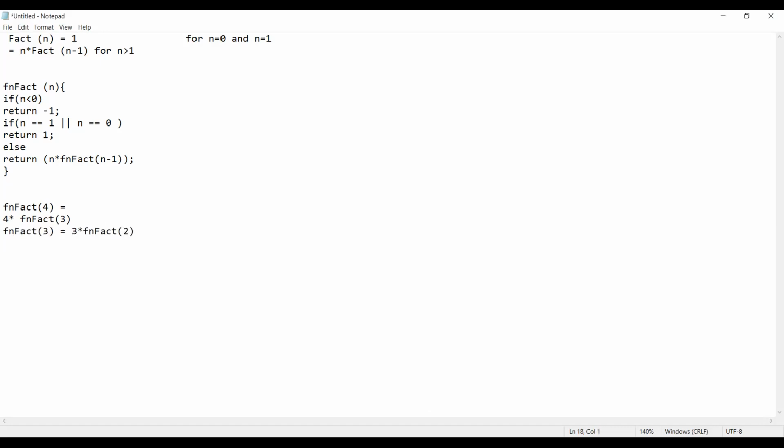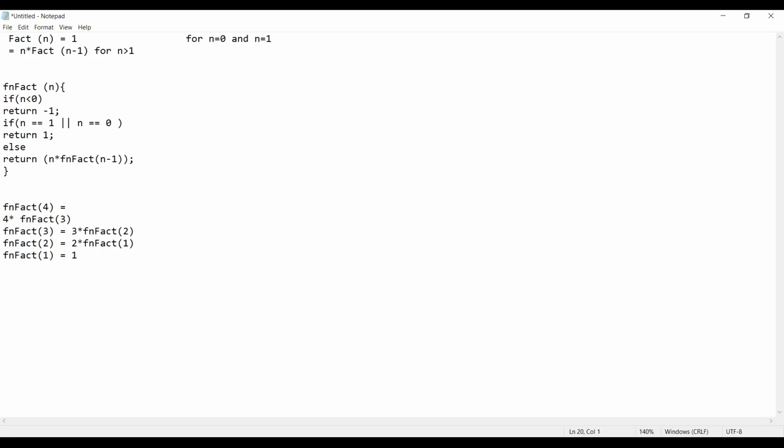Now fn fact(2) is equal to 2 * fn fact(1), which I write down in the notepad. Now look, here n is 1, which satisfies the second if condition: if n equal to 1 or n equal to 0, it will return 1, which is the base criteria of the factorial function. So fn fact(1) is equal to 1.